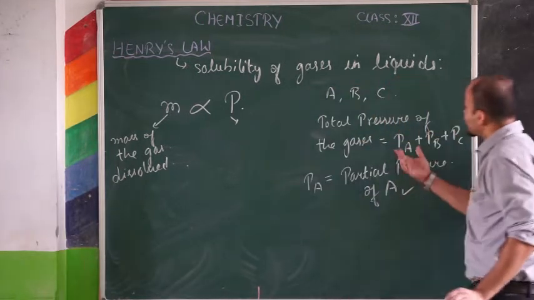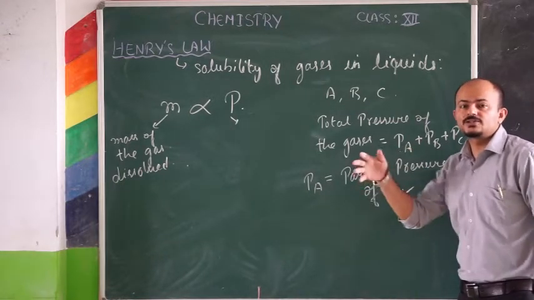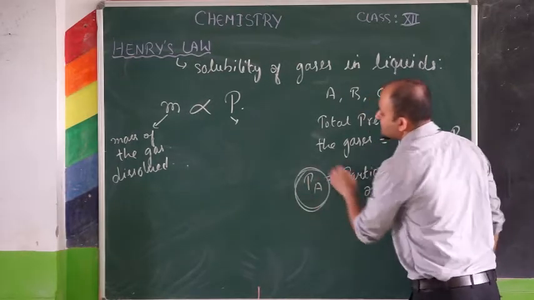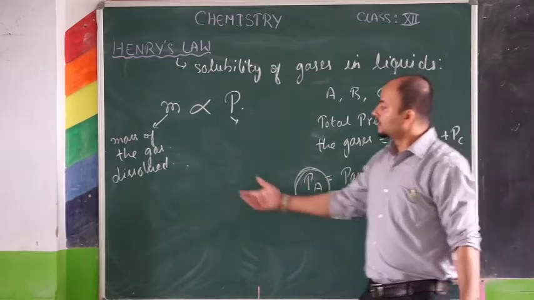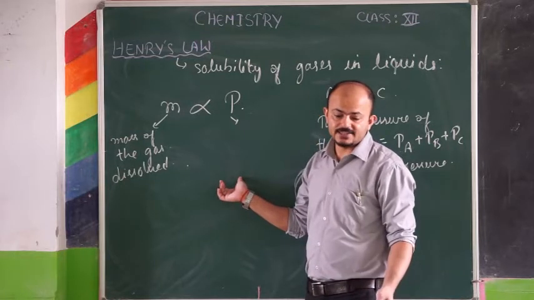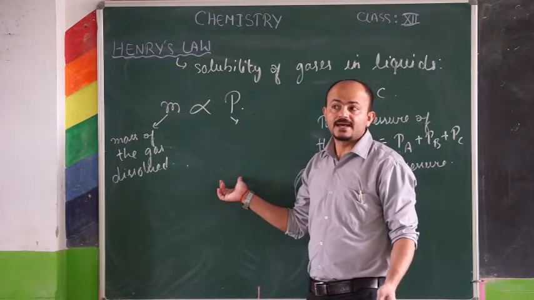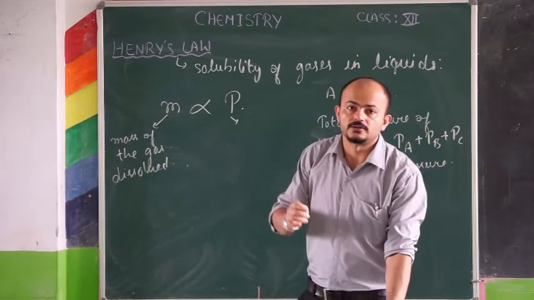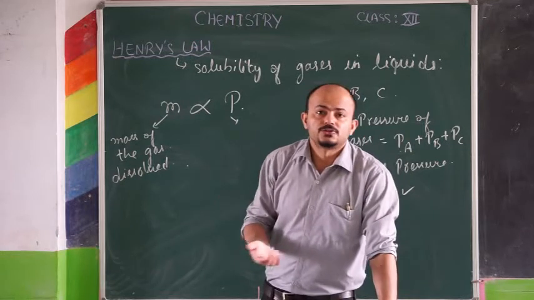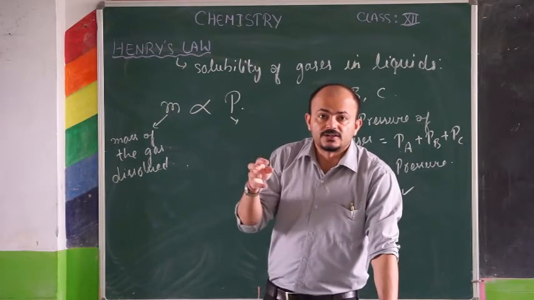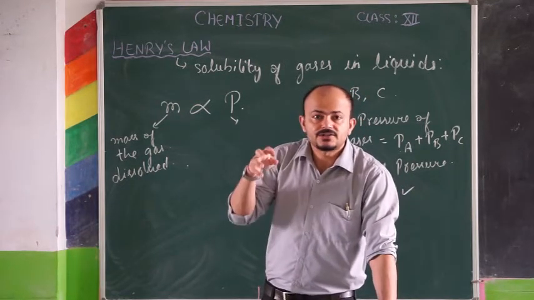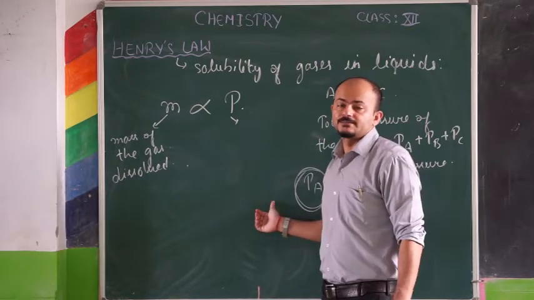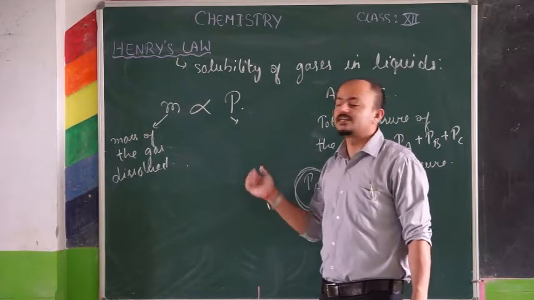So how much gas is dissolved in that particular solvent will depend upon the partial pressure of each gas, that is, how much pressure that particular gas applies at the equilibrium state at the given temperature.